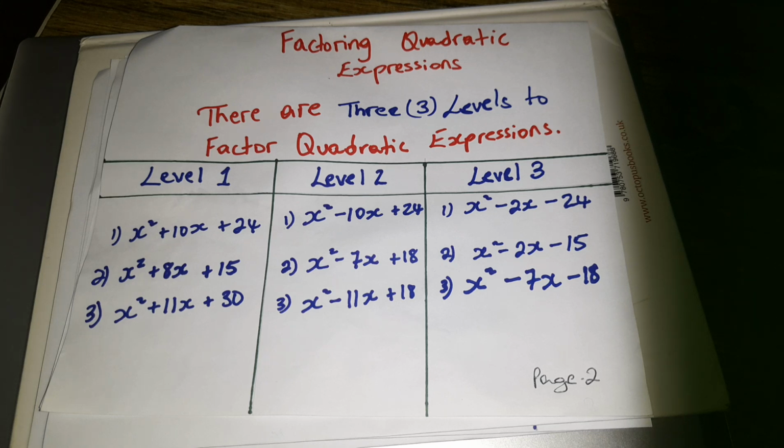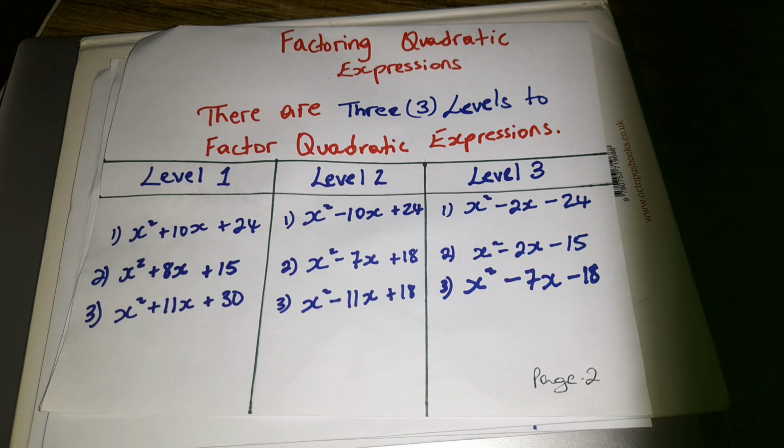Now for the levels, what I use to place them in levels is sign. You have to look at the signs. Level 1 is the easiest, then level 2, then level 3. For level 1, all the signs are positive, for the coefficients, and we're focusing on just the b and the c term. Notice the b and the c are positive.